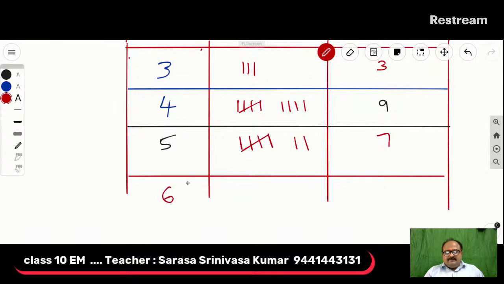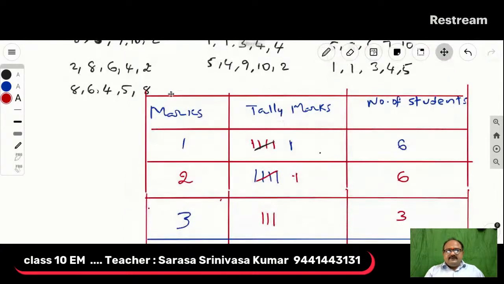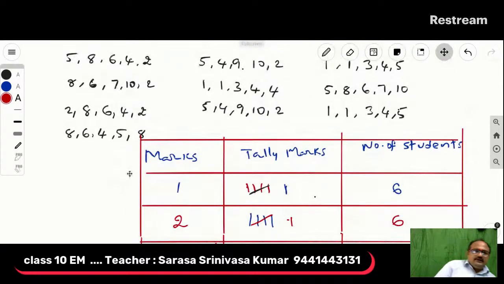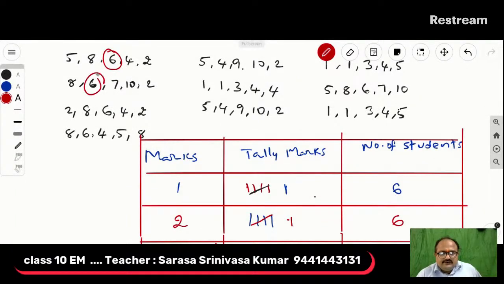Now we prepare the tally marks for 6. Let us observe how many students got 6 marks. 1 student, 2 students, second student, third student, fourth student, fifth student.